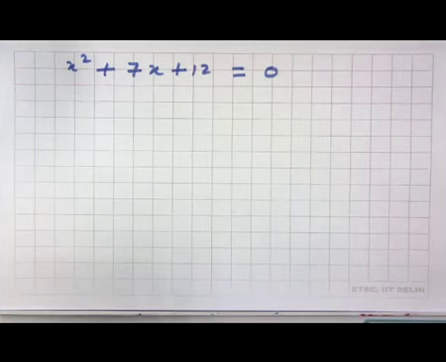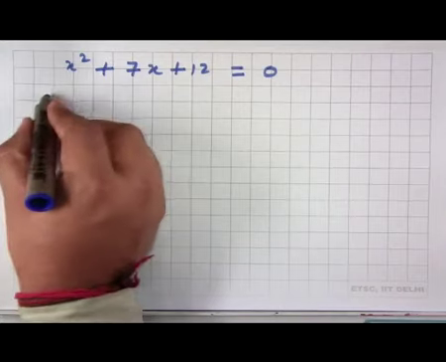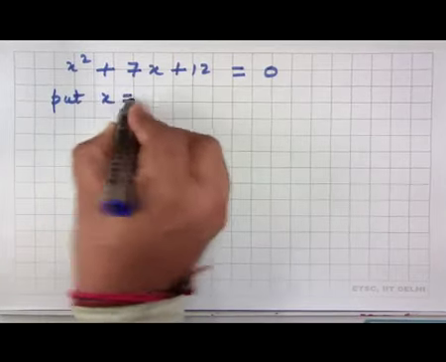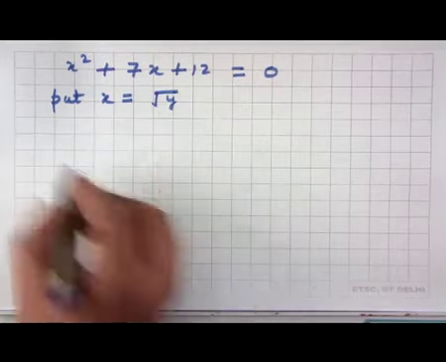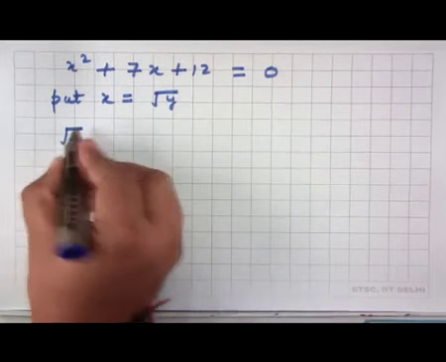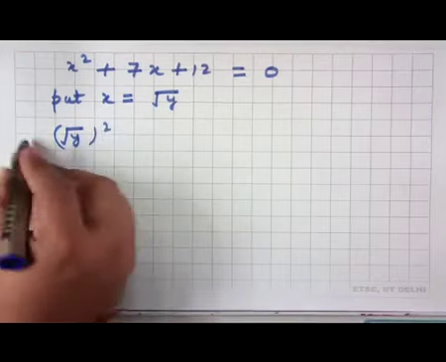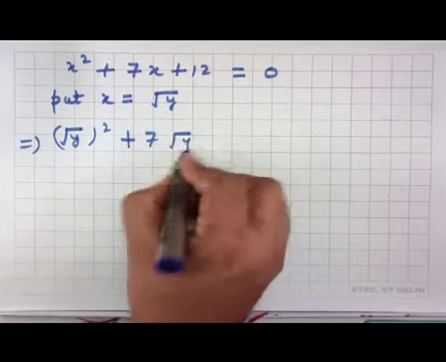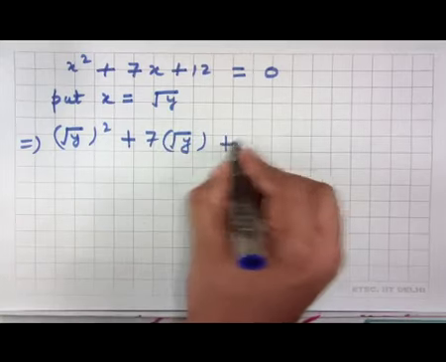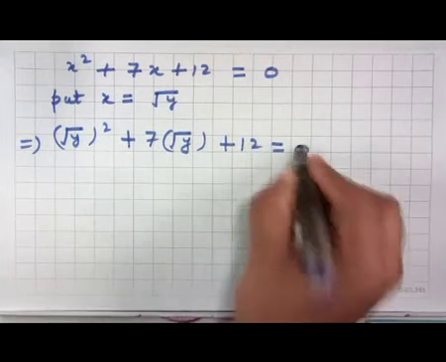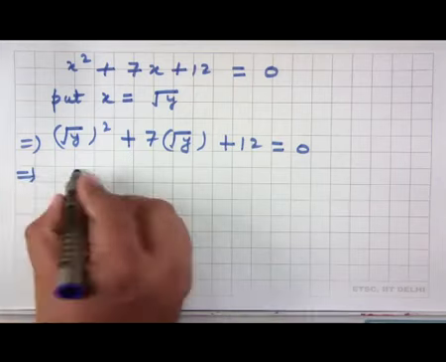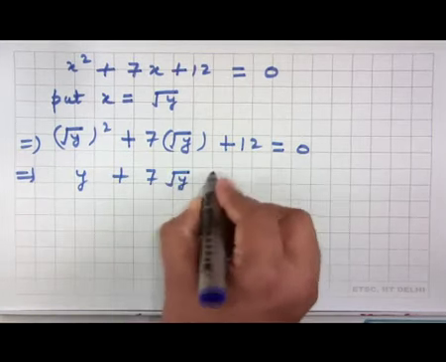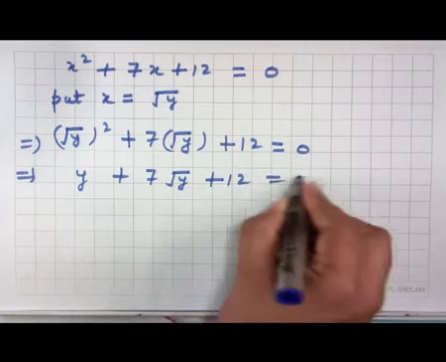Now we shall find out the transformed quadratic equation by putting x equal under root y. Now it will be root y to the whole square plus 7 root of y plus 12 equal 0. Now it will be y plus 7 of root y plus 12 equal 0.